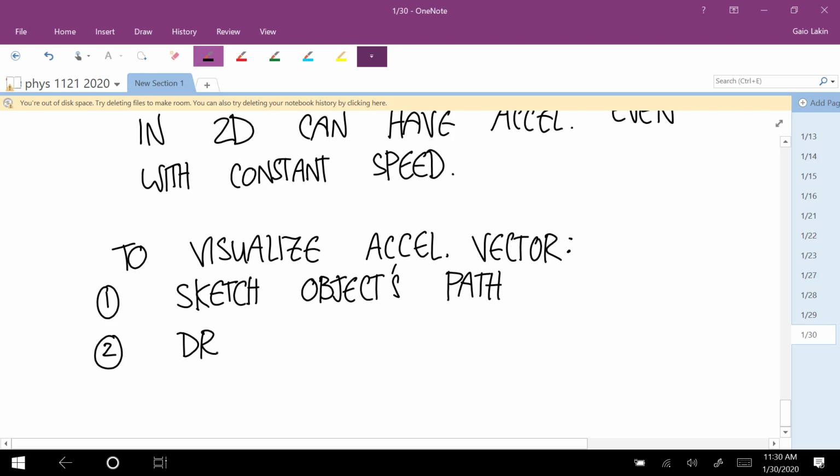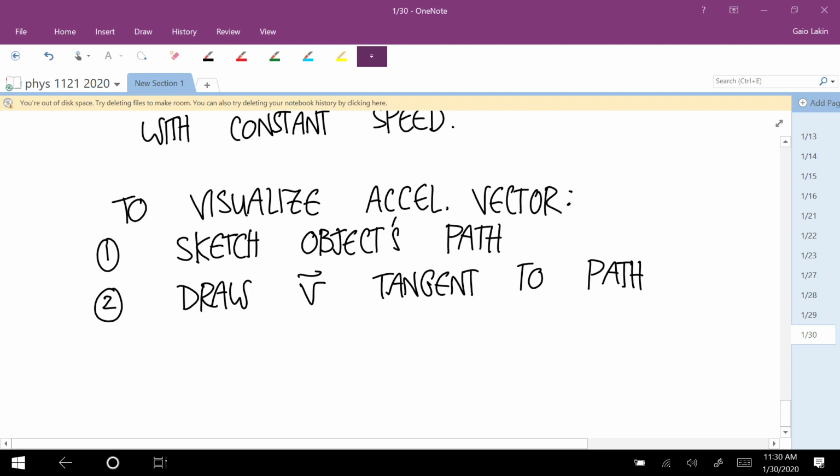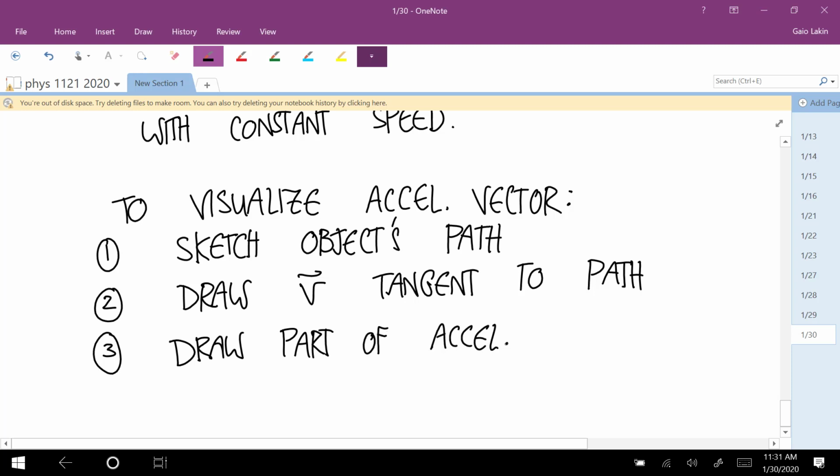Then draw the velocity vector tangent to the path. Third, draw the part of the acceleration that's parallel to the velocity.